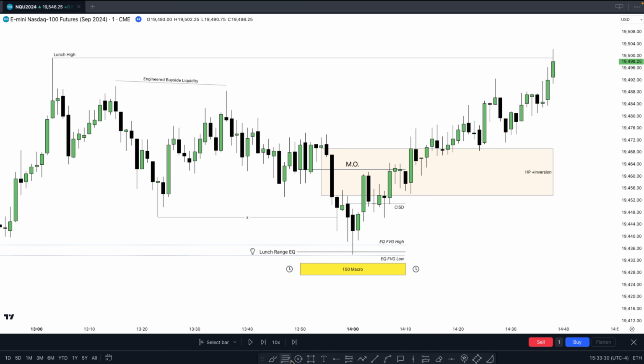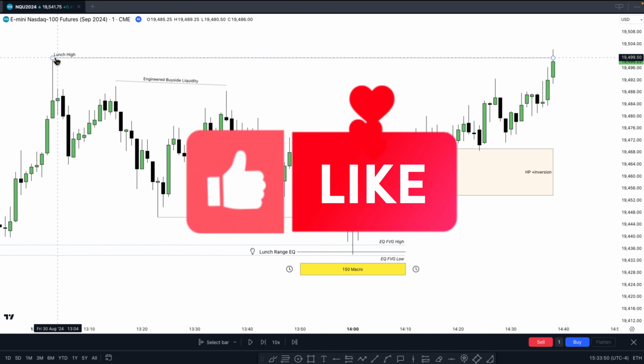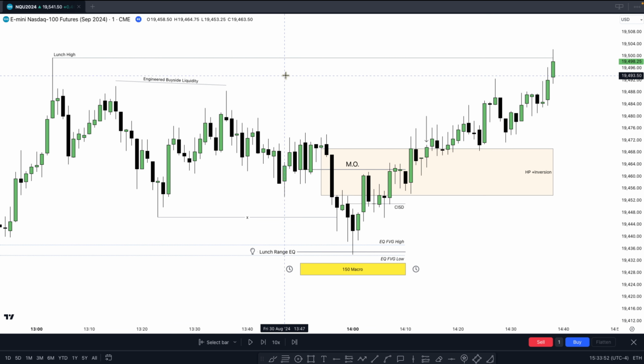So once we close back above it right here, okay, and that was a terrible drawing. Once we close back above it right here, that is the change in the state of delivery at 2:14 p.m. Eastern time. And we should expect that to support price to deliver us to our engineered buy side liquidity internal targets. And then our session high, which again is the lunch session high.